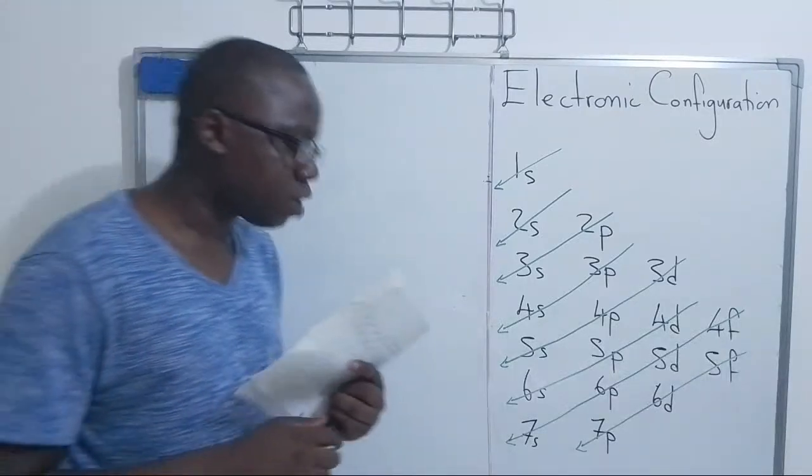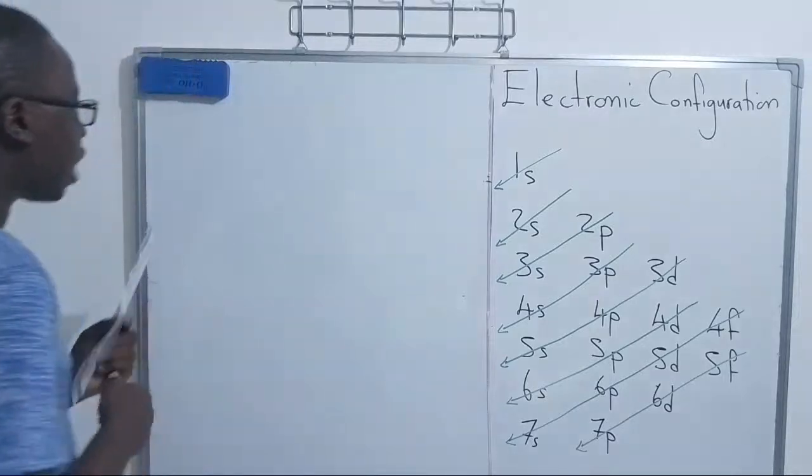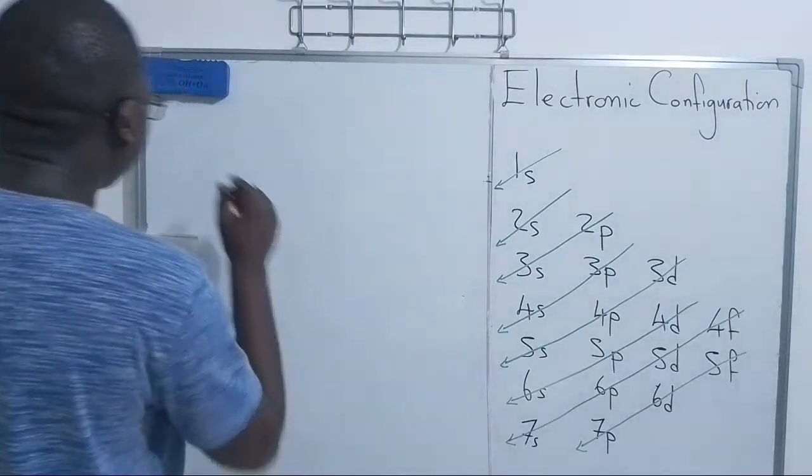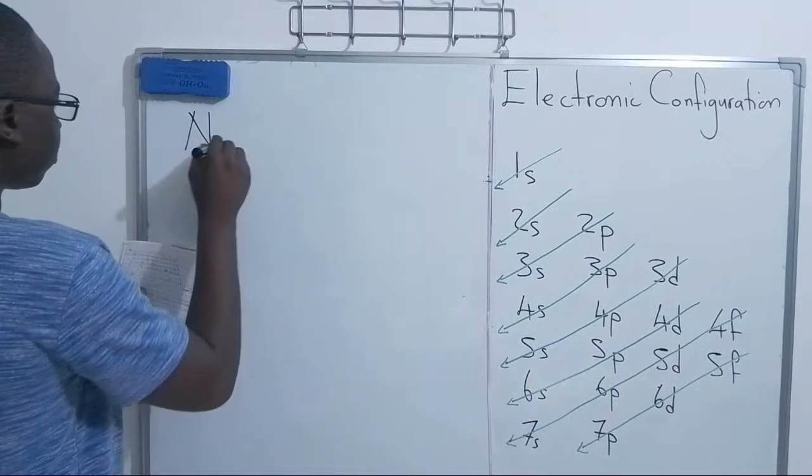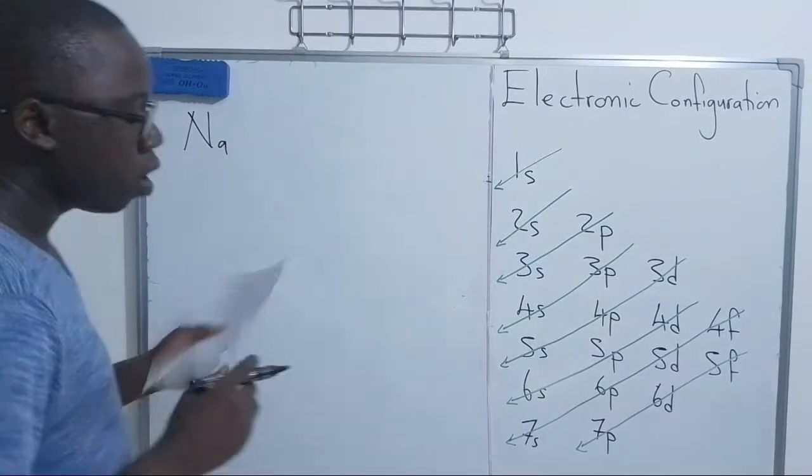So the first element we would like to learn how to write the electronic configuration for is sodium.